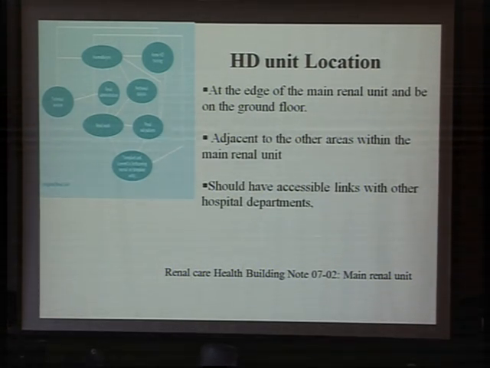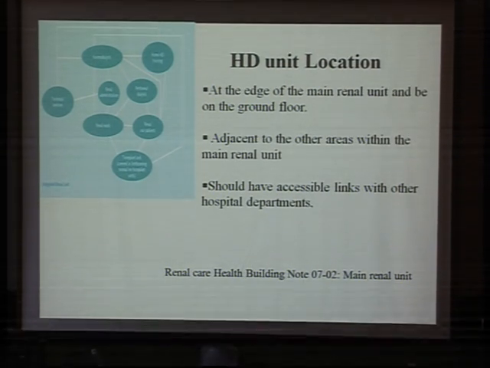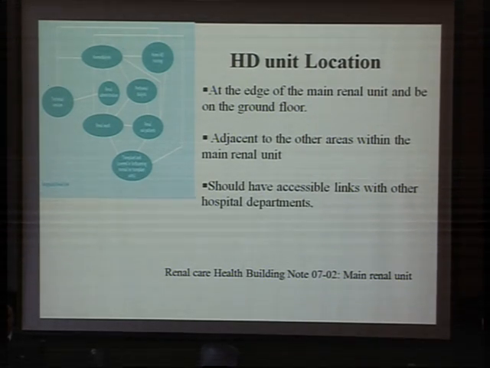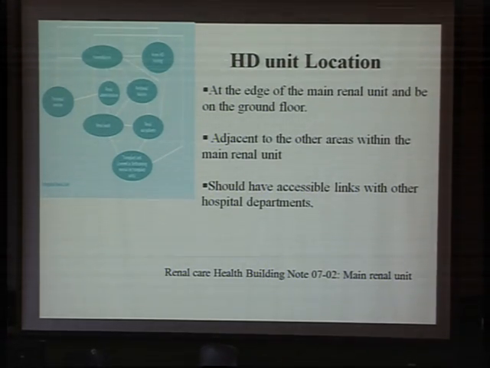The location of the unit should be at the edge of the hospital, adjacent to other areas, and easily accessible to other departments like radiology, laboratory medicine, gynecology. Why? What do you think, that he will be closer to all these points?